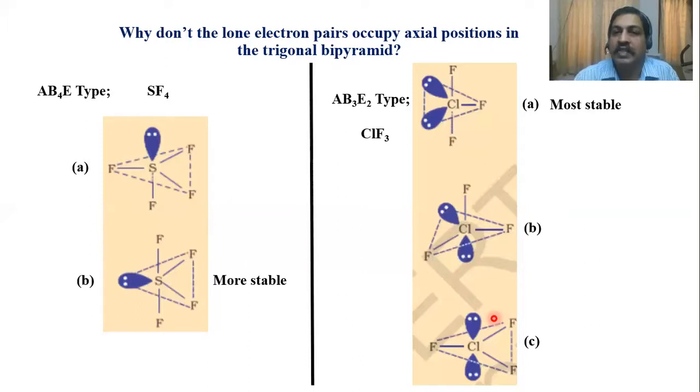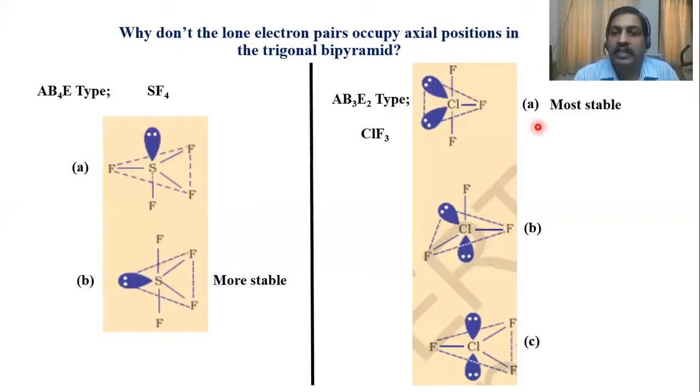Whereas in structure A, each lone electron pair is perpendicular to only two bonds, the axial bonds. So the amount of repulsions is least in structure A. So structure A is the most stable structure, in which the lone electron pairs are in equatorial positions.